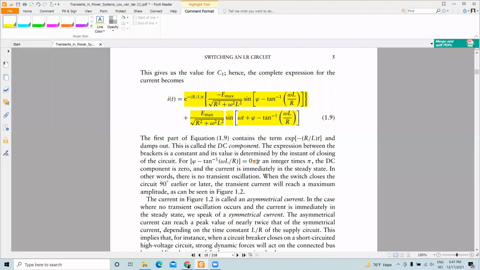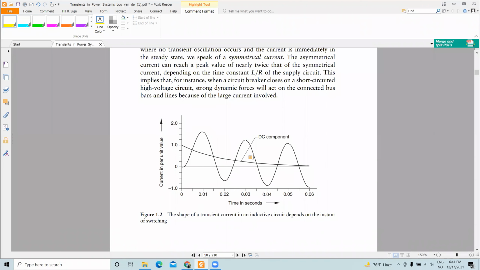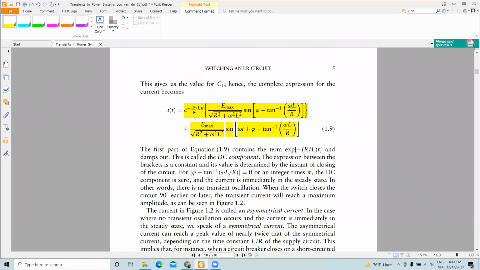So this is the sinusoidal part, and then you will have a superimposed DC component. This DC component, in the beginning, when t is equal to 0, e to the power minus 0 means this is 1. So this component depends on the time when the short circuit is happening.